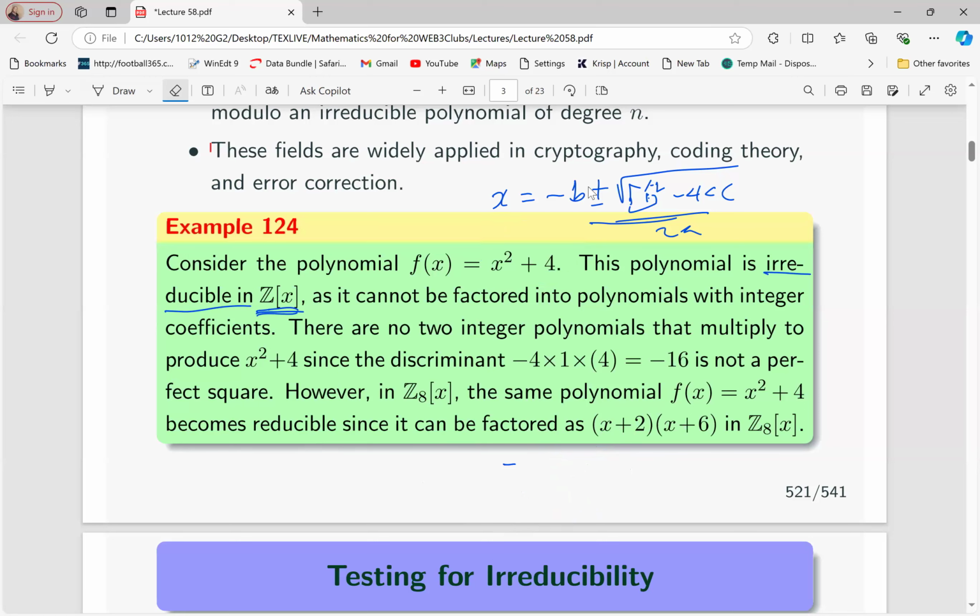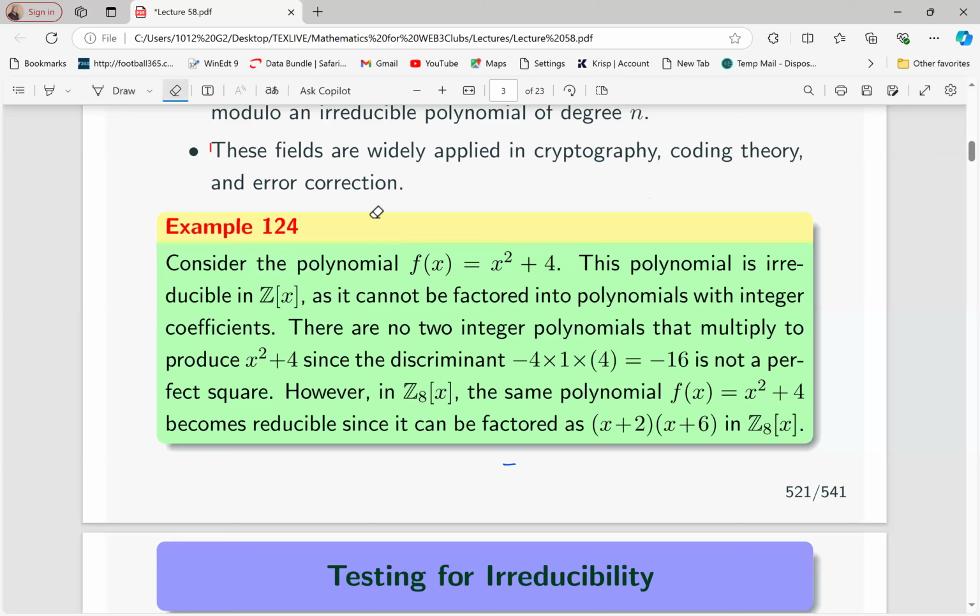As I said at the beginning, what fails to be factorized in one field can always be factorized in a different field. So we only say that a polynomial is irreducible depending on the field you're working with, because it could be irreducible in field A, but reducible in field B, and so on. That is a point I wanted to emphasize.